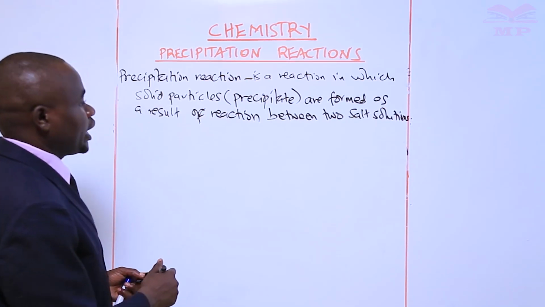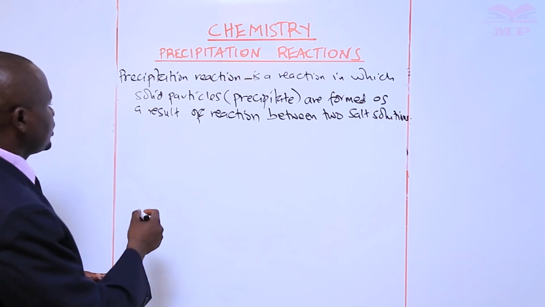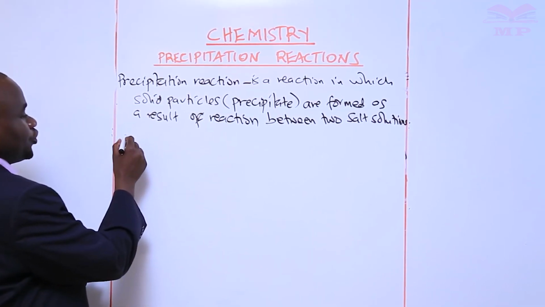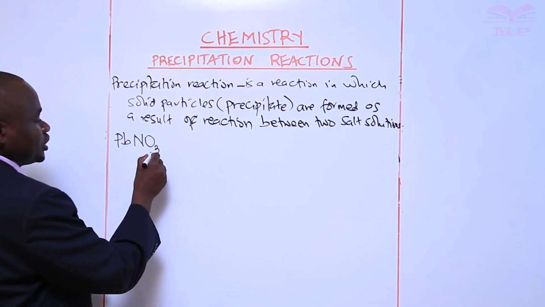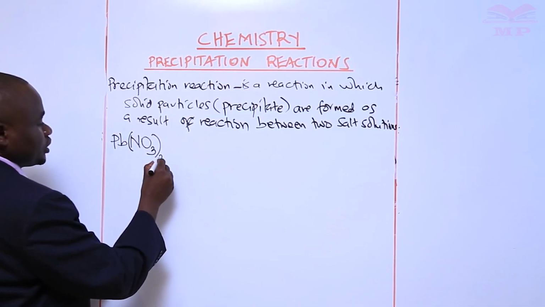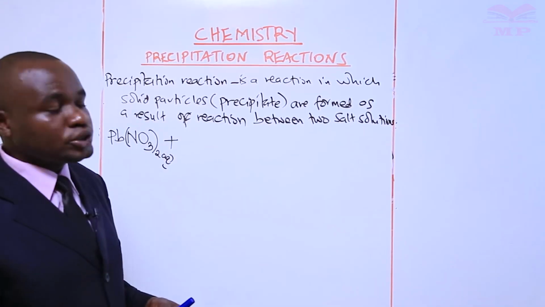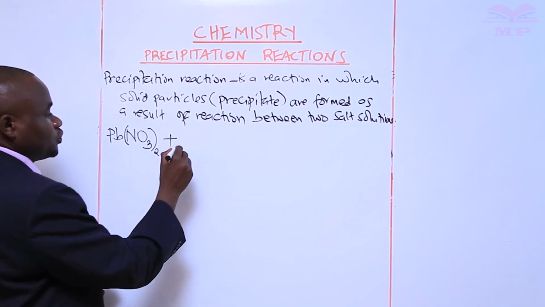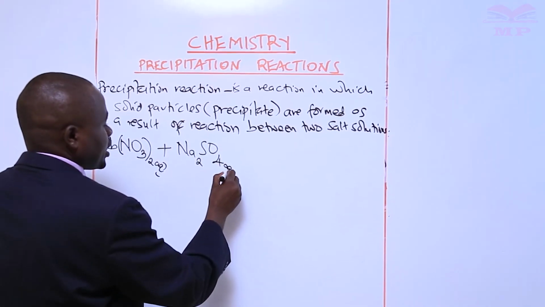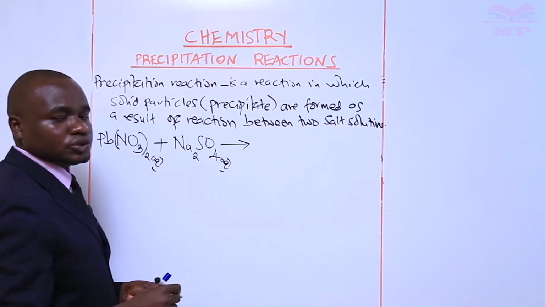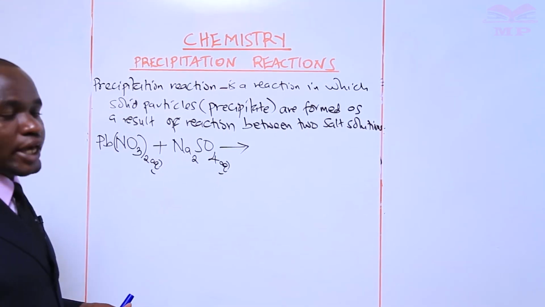So I want us to consider the following reaction. For example, if you react lead nitrate, as we know very well, lead nitrate is a soluble salt, with sodium sulfate, the two salt solutions will react by exchanging their ions.